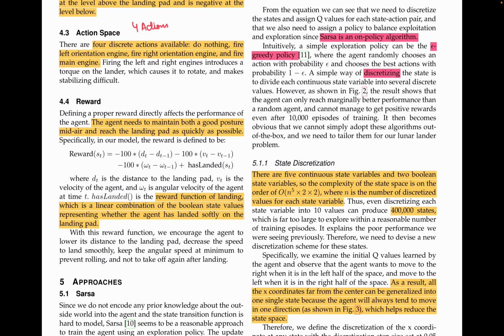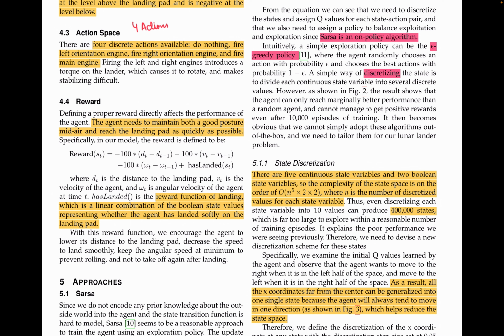If you want a reward for the agent, you want to lower the distance to the landing pad, decrease the speed so that you land softly, decrease the time you take to reach the landing pad, and of course keep the angular speed at a minimum to prevent rolling. And once all this is done and you've landed, we don't want it to take off again, right?